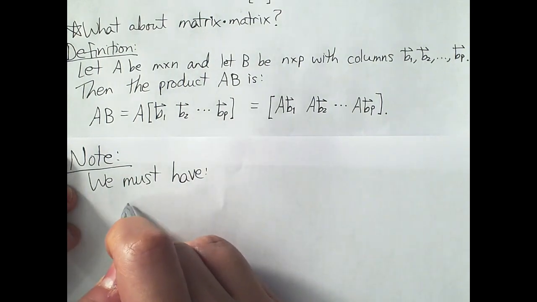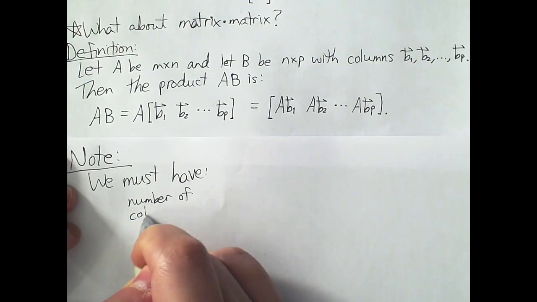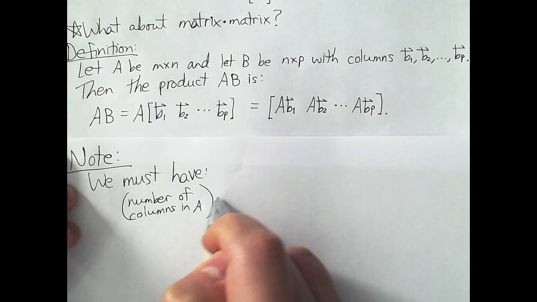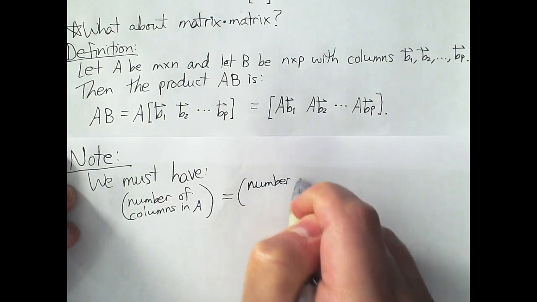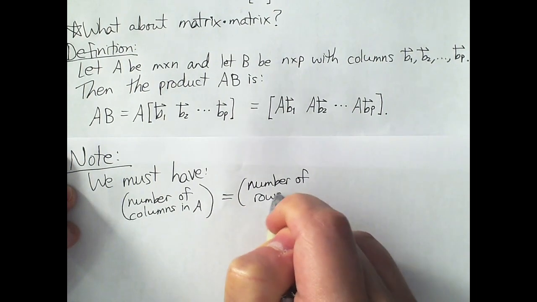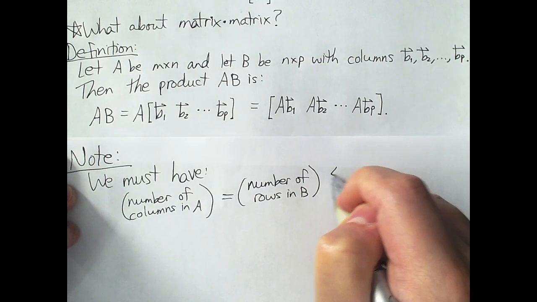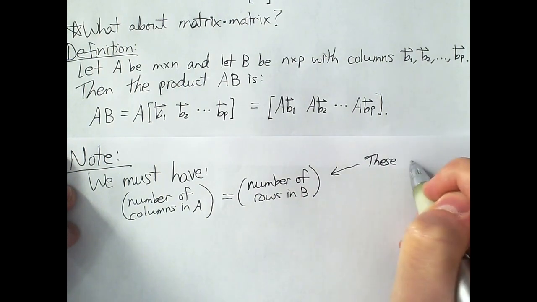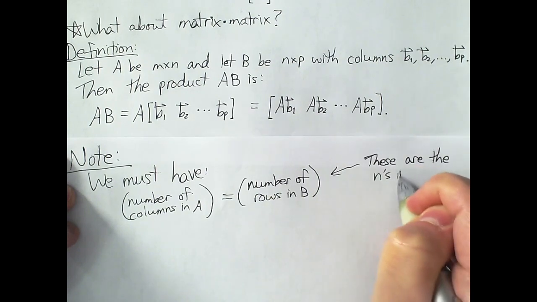So we must have the number of columns in A equal to the number of rows in B. These are the n's in the definition.